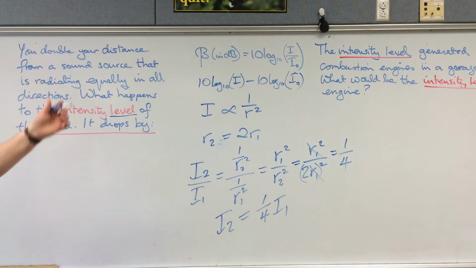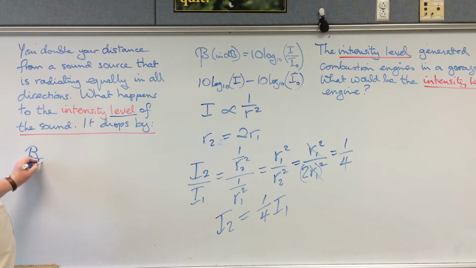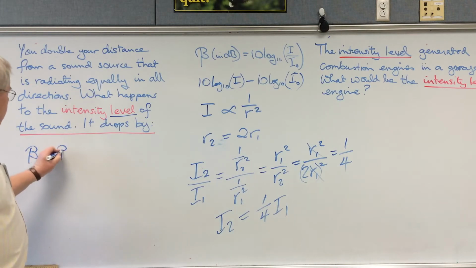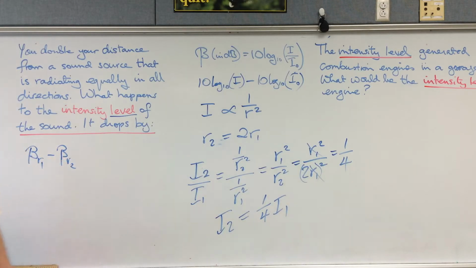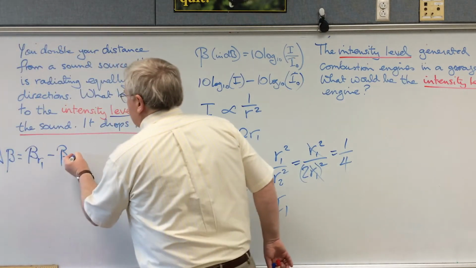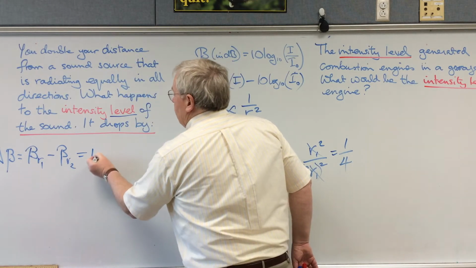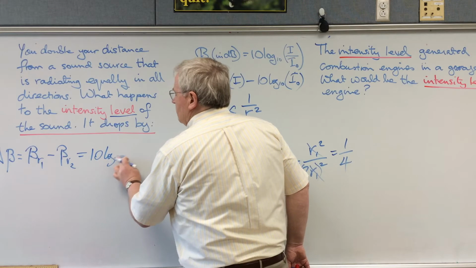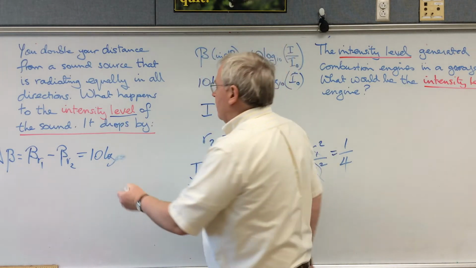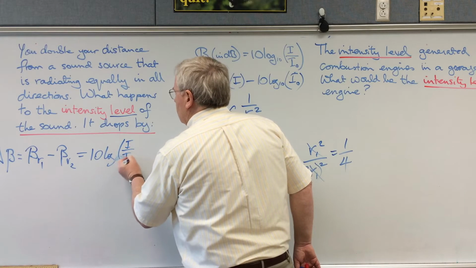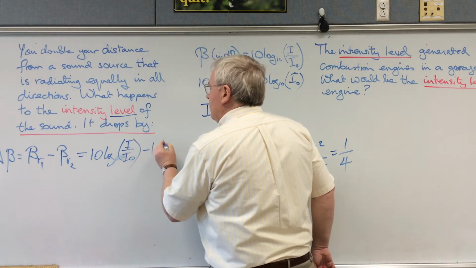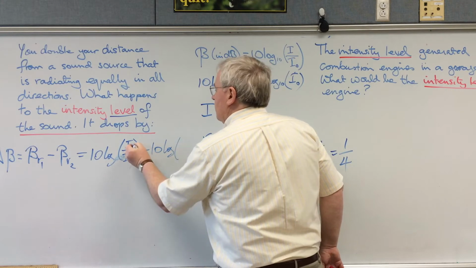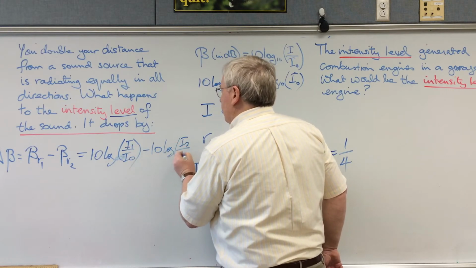So I have the beta level at R1 minus the beta level at R2. I'll call that delta beta. If I go back to this, what it's really saying is I've got 10 log base 10, and you can assume it's log to the base 10, of I over I naught minus 10 log, this is I1, this is I2.